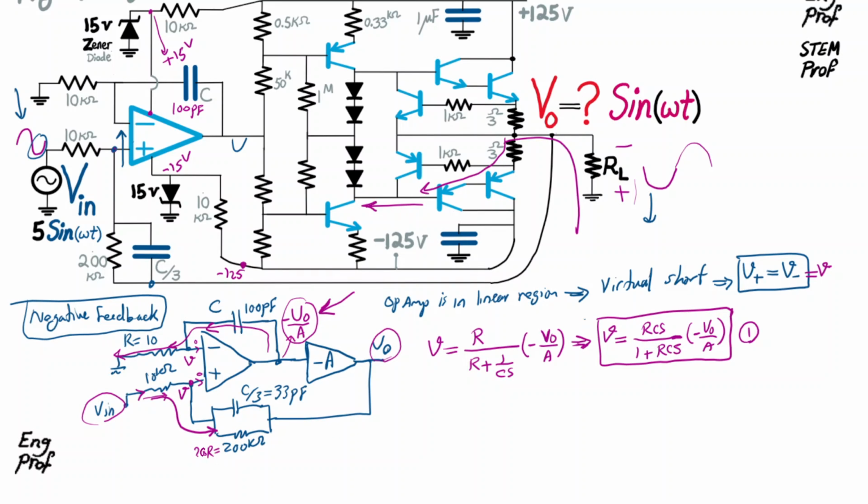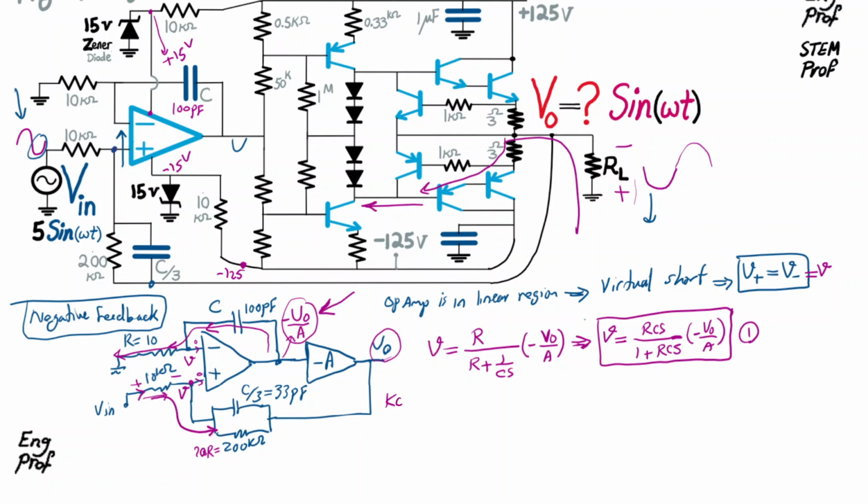Okay, so what I can say is, therefore, I can write a simple KCL, meaning that I can find this current by saying it's V in minus V, the voltage drop across this 10K.